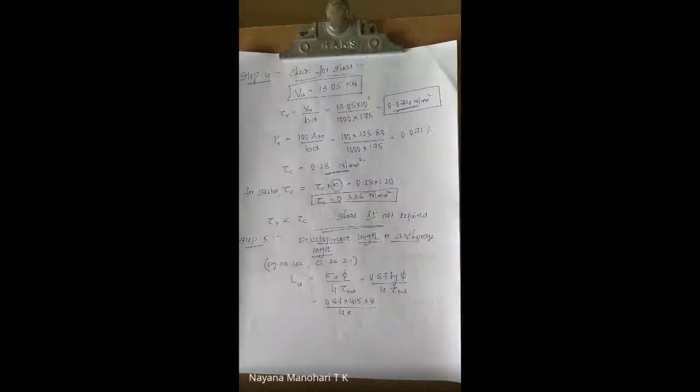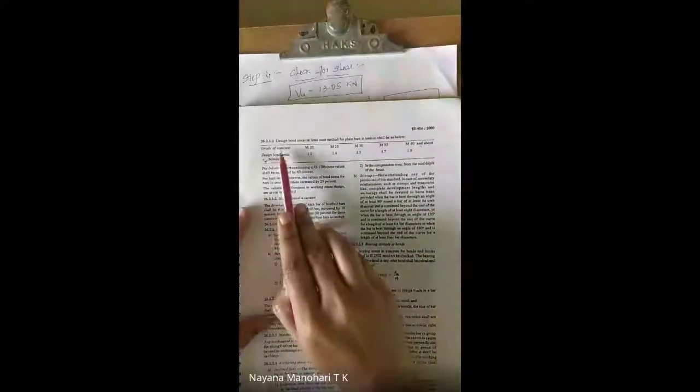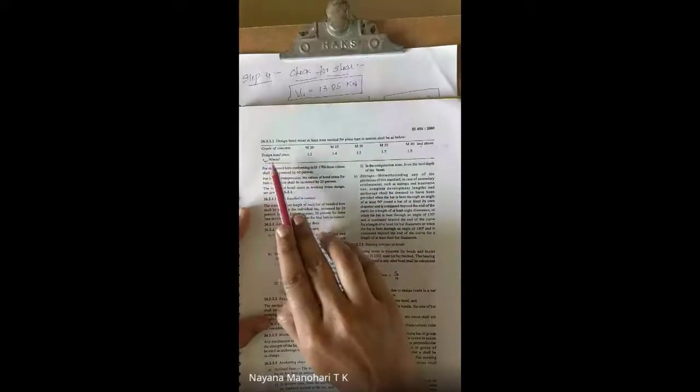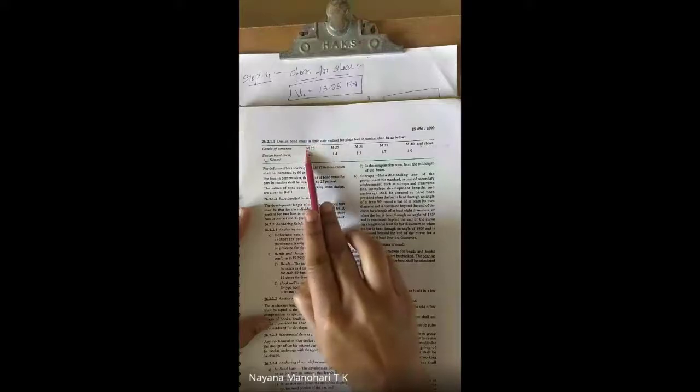I will show you page number 42. See here, the development length of the bar is given by LD equal to phi into sigma S divided by 4 into tau BD. Tau BD is available in this table. For different grades of concrete, bond stress is given. For the given grade of concrete in our problem, it is M20.